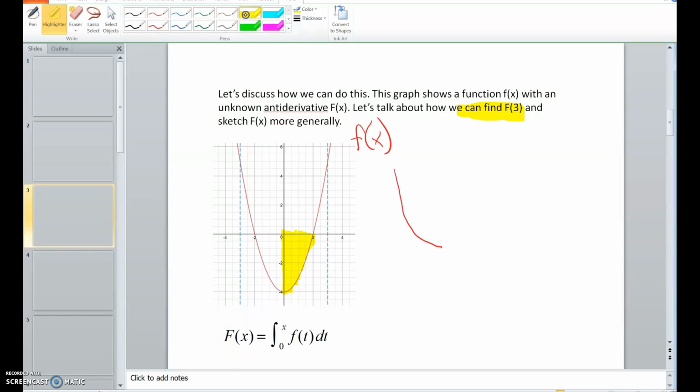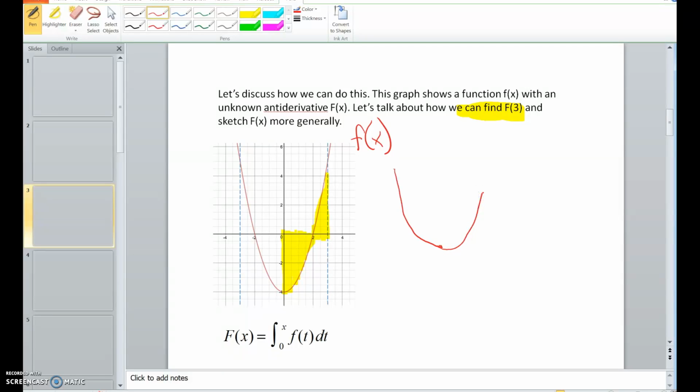All right, so then as I continue to integrate, now I'm adding positive area. So that means that big F is going to be increasing. And since each slice of area now is adding more and more, that means that capital F is going to be increasing faster and faster. So if we were to continue, we'd start to get something that looks like this.